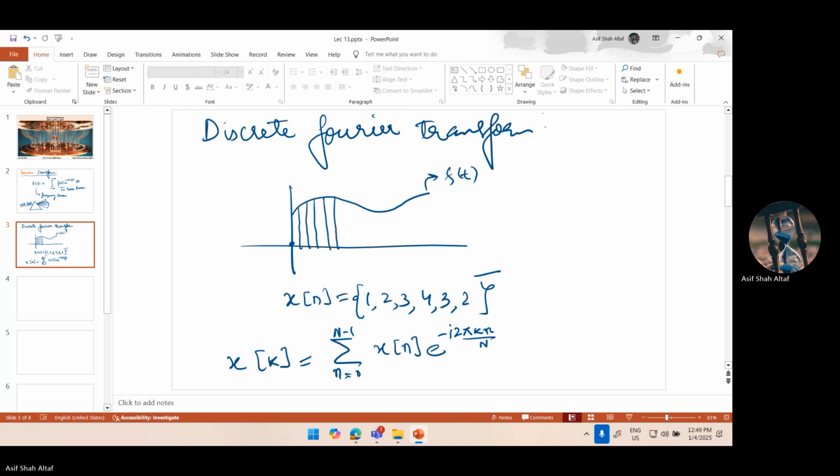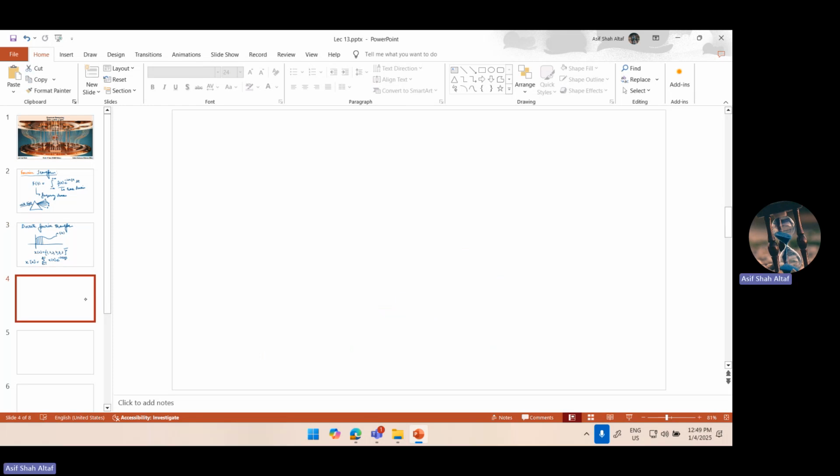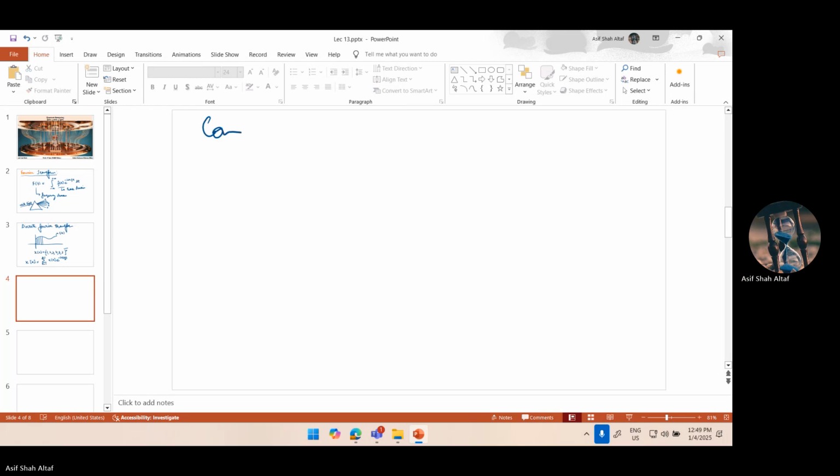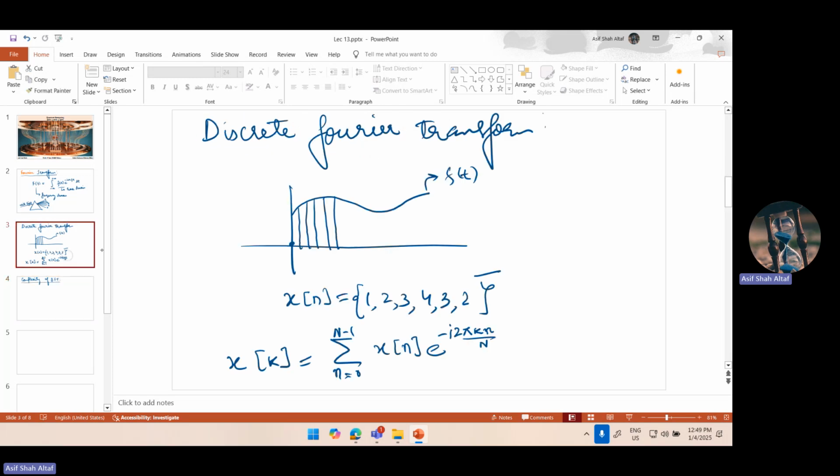Now, if we want to evaluate the complexity of DFT, by complexity I mean, in simple words, how many operations I need to do in order to calculate the DFT of a signal.